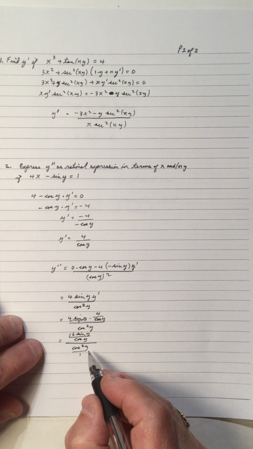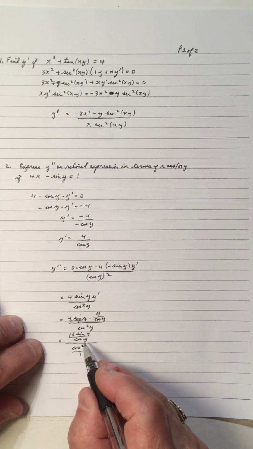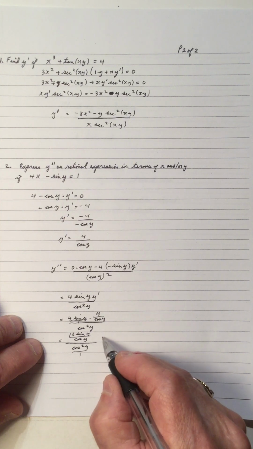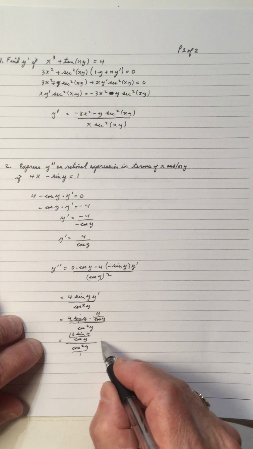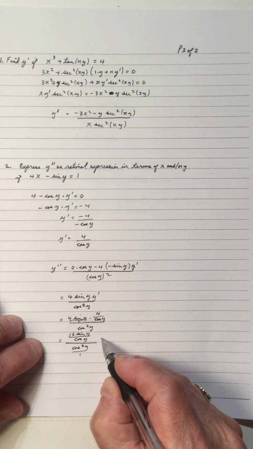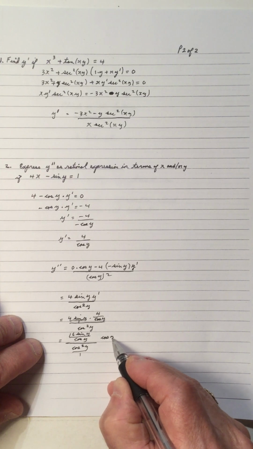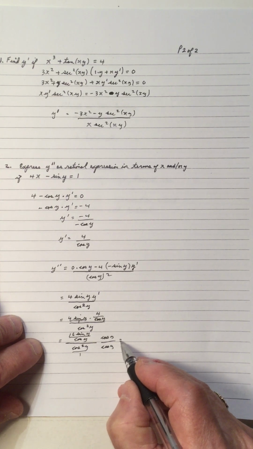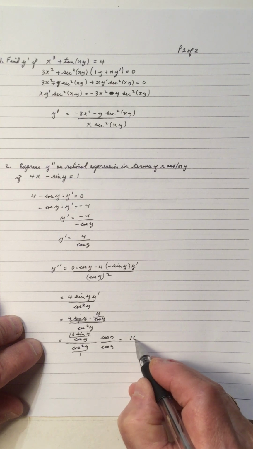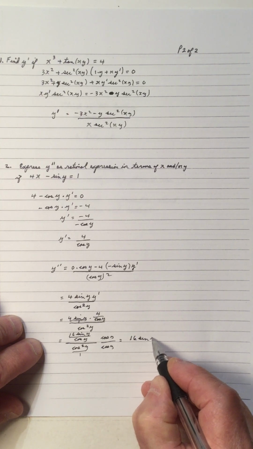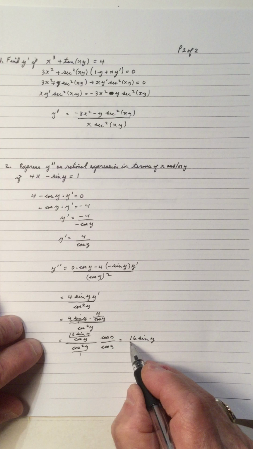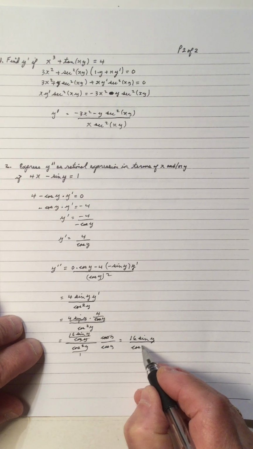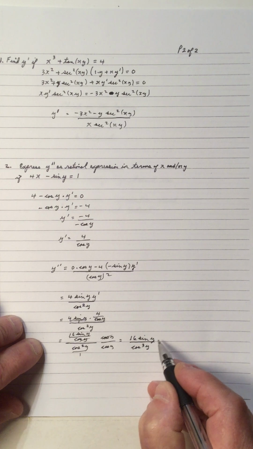So we can do the flip, or we can multiply by cos y top and bottom. I'll go cos y, and that gives us 16 sine y, that cancels out, all over cos cubed y.